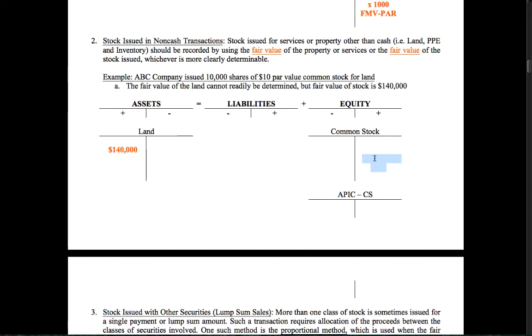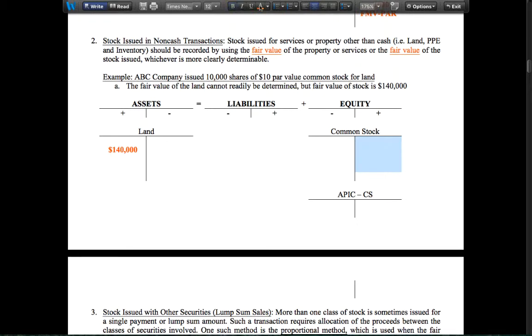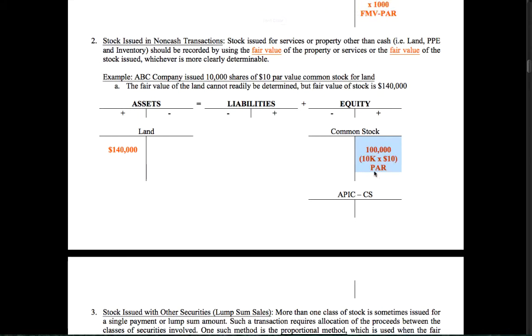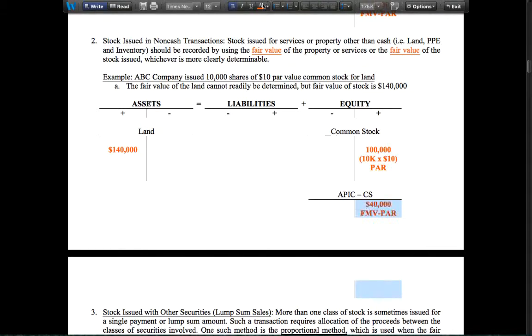Common stock we will increase by $100,000, which represents the 10,000 shares times the $10 par value. Remember, common stock increases and decreases by the par amount. Therefore, we need an additional $40,000 to be reflected in the additional paid-in capital for common stock.